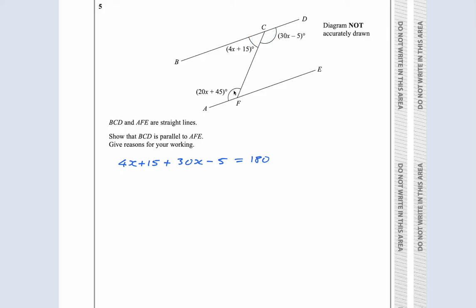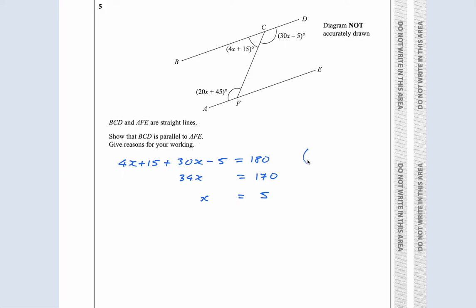So using that, I'm going to get x. 7x is 4x plus 3x, so 7x equals 170 plus... 4x plus 30x is 34x. 180 plus 5 minus 15 is 170. And then x is 170 divided by 34, which is 5. So x equals 5. Now it says give reasons for your working.